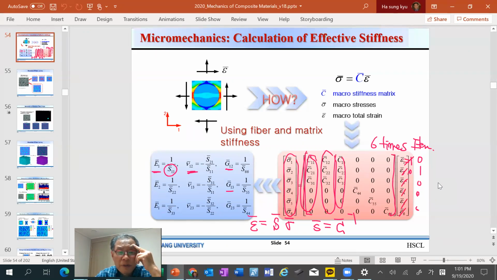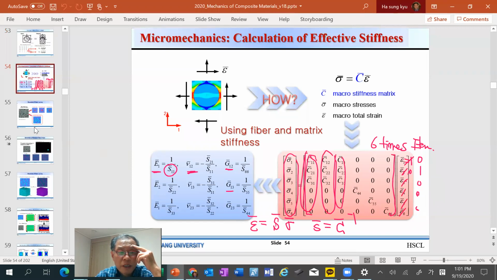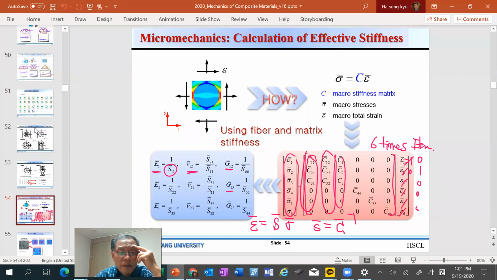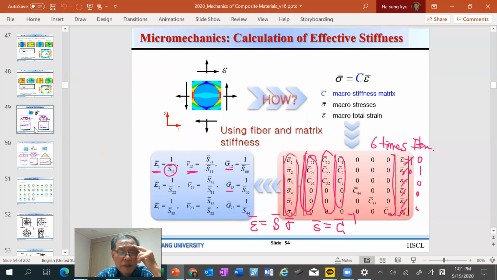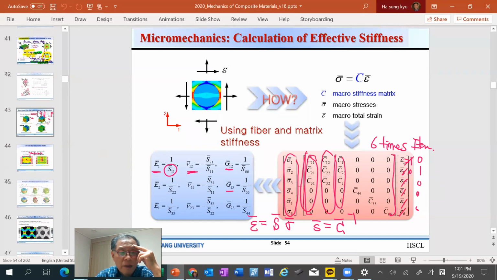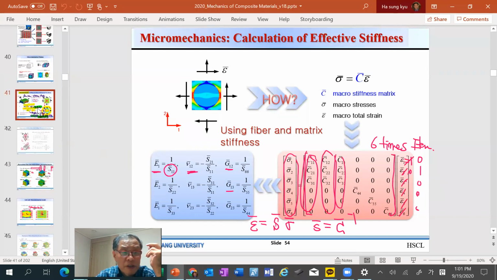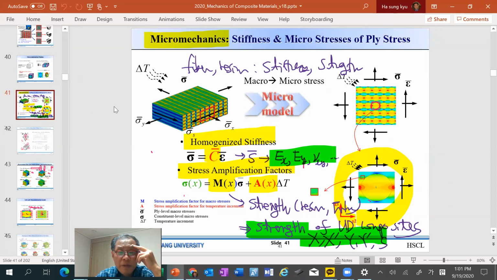Again, the purpose of this micromechanics is that we calculate the stress amplification factors which relate the micromechanics behavior and macro level behavior. So I'd like you to remember this slide. This is the summary of the micromechanics.